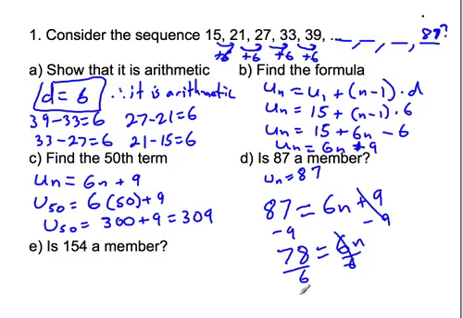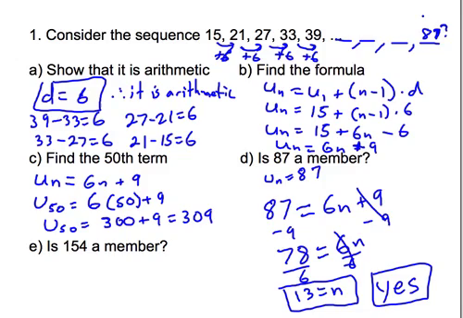I'm going to work out the value. 78 divided by 6 is 13. So 13 equals n. So the 13th term of the sequence is 87. So the answer is yes, it is a member of the sequence.